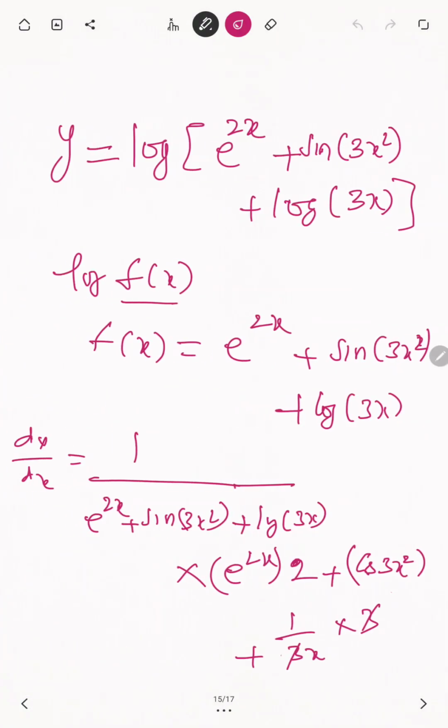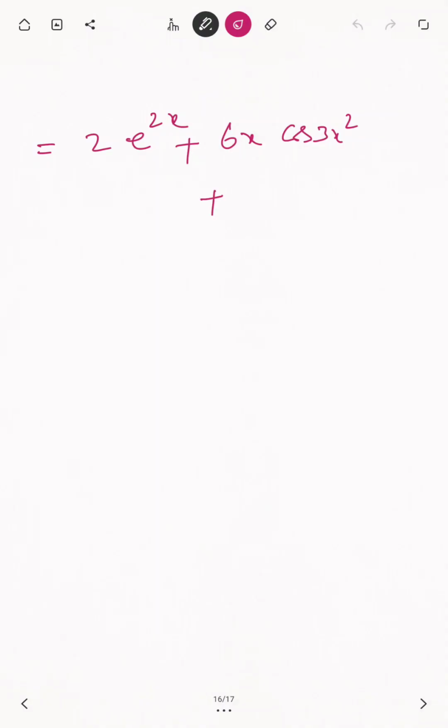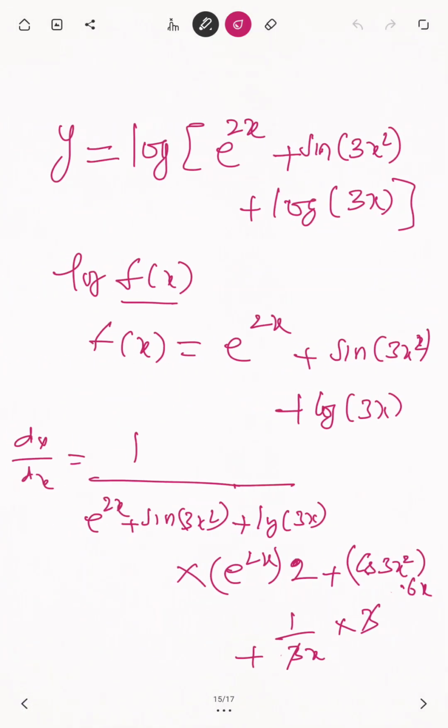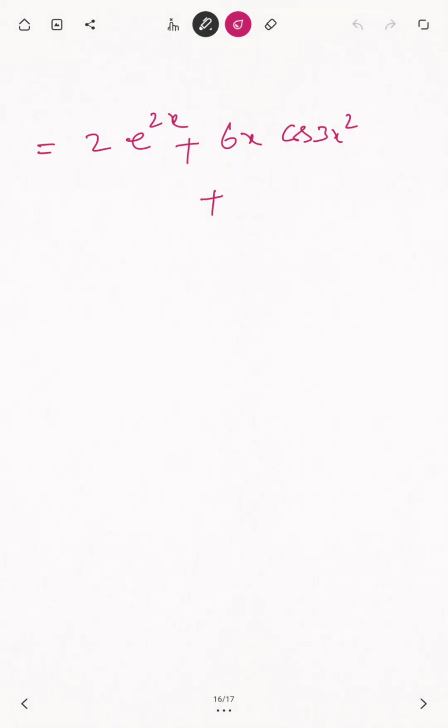Plus another one: the sin 3x square differential is what? Cos 3x square into 6x. Plus 1 by x. So what happened? 2 into e power 2x is coming, plus 6x cos 3x square, that is also coming. Then after this, 1 by 3x into 3 gets cancelled, 1 by x is there.